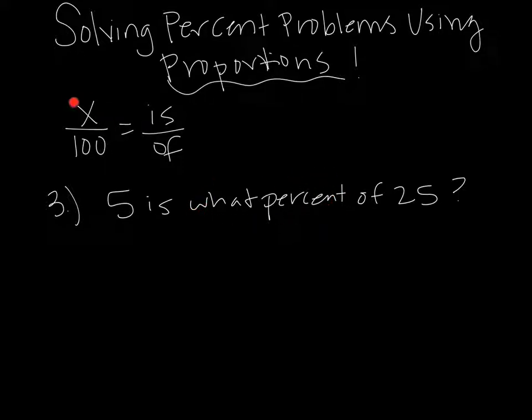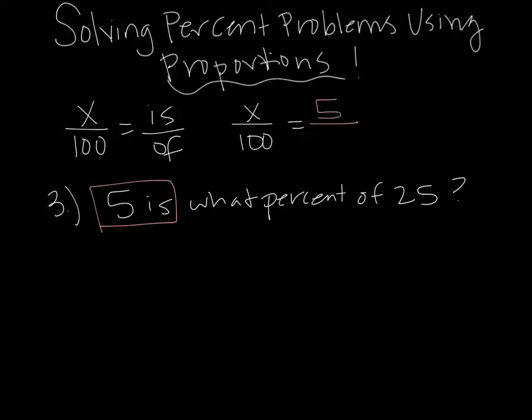So we're going to leave the x over 100 equals, so that means we have to know our is and we have to know our of. They both must be here. Let's see if they are. 5 is our is. Our 25 is our of.